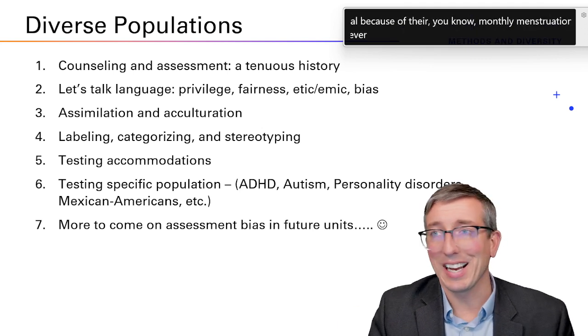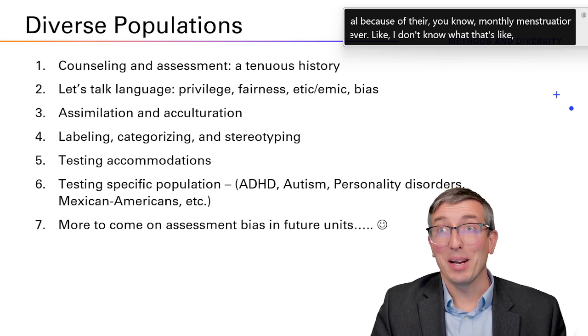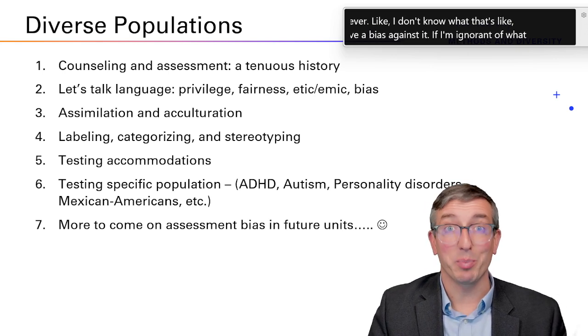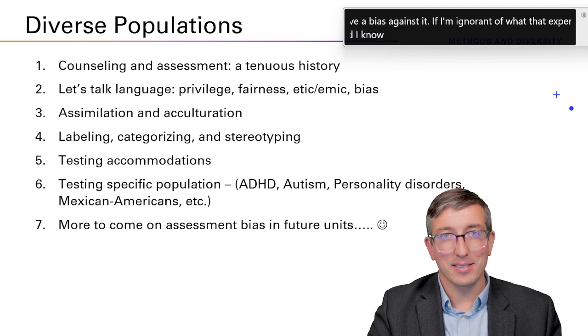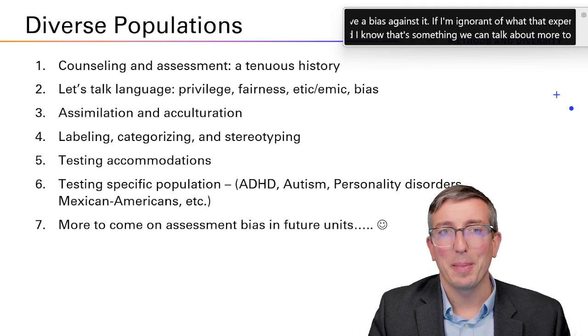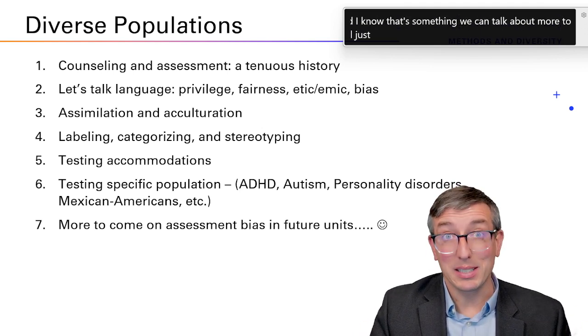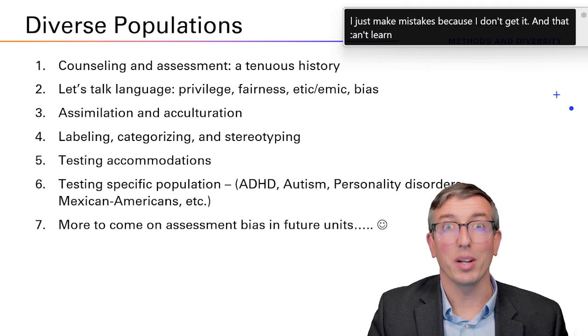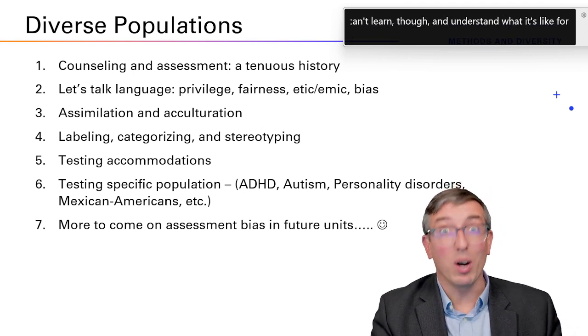I don't know what that's like, but I have a bias if I'm ignorant of what that experience is like. And I know that's something we can talk about more too. But I will just make mistakes because I don't get it. And that doesn't mean I can't learn and understand what it's like for people that want to discuss that.